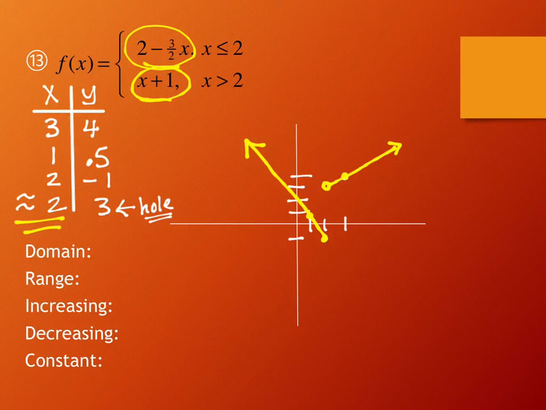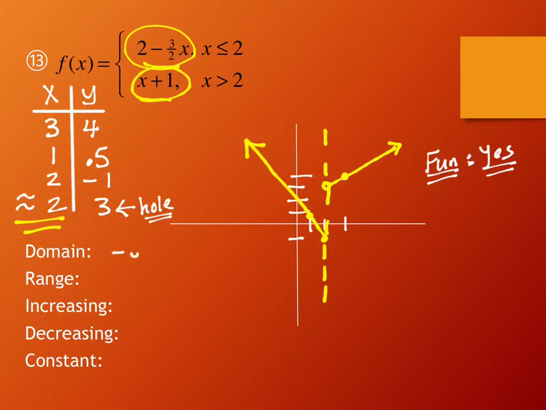Is it a function? No. Yes. The only potentially overlapping point is right here. And it doesn't overlap. Oh, I guess they're two separate points, because one's an open circle and the other one's closed. So it's a function.